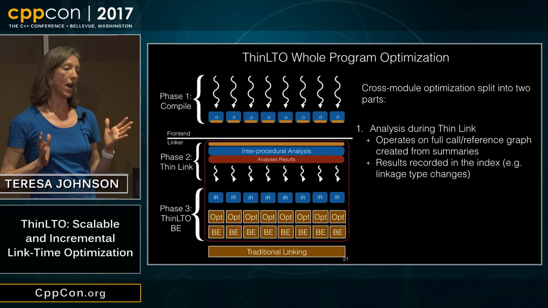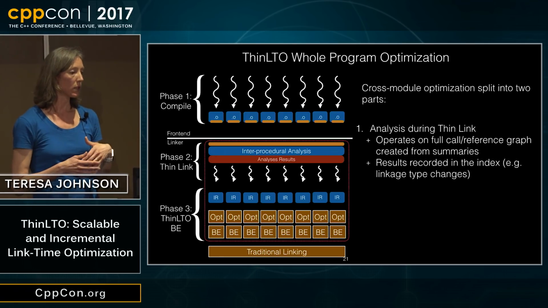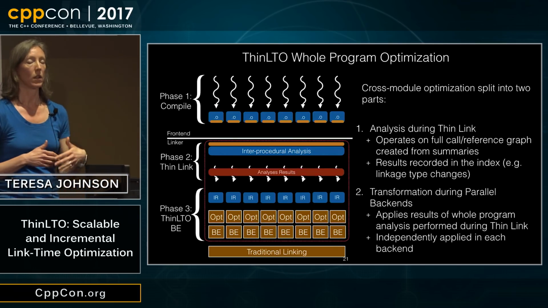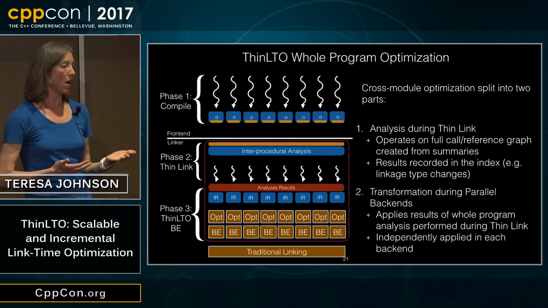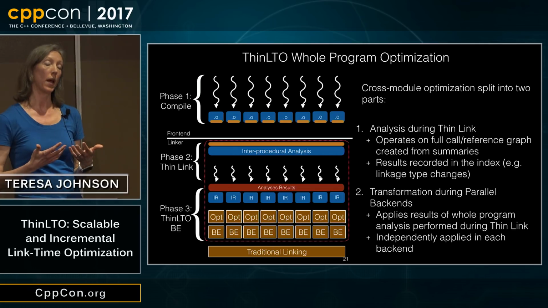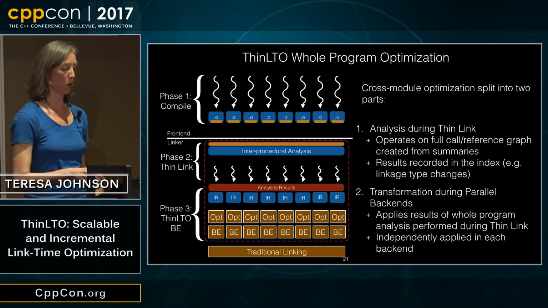It doesn't look at IR at all. So you have to have all the information you need in the summaries, and then the results are recorded in the index. And then the second part actually applies that to the IR, and that's done in the ThinLTO backends. And you have to apply those in a completely independent fashion for each LTO backend.